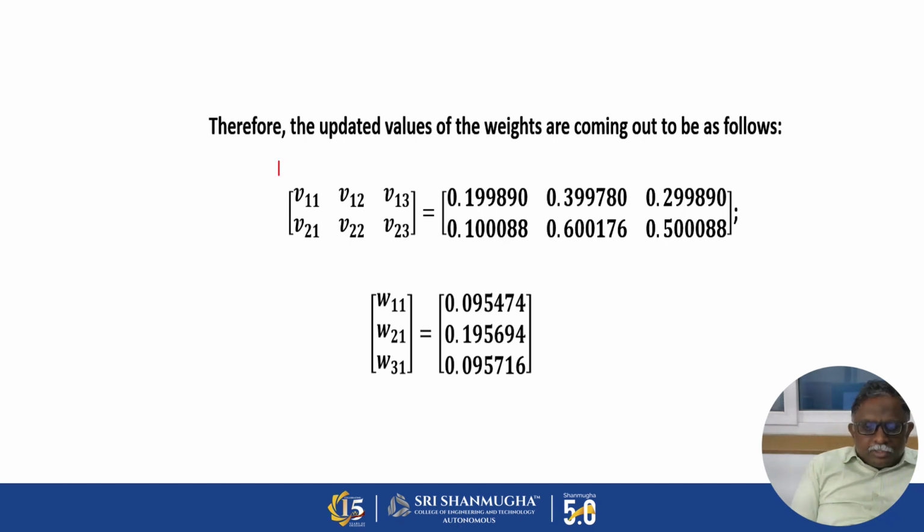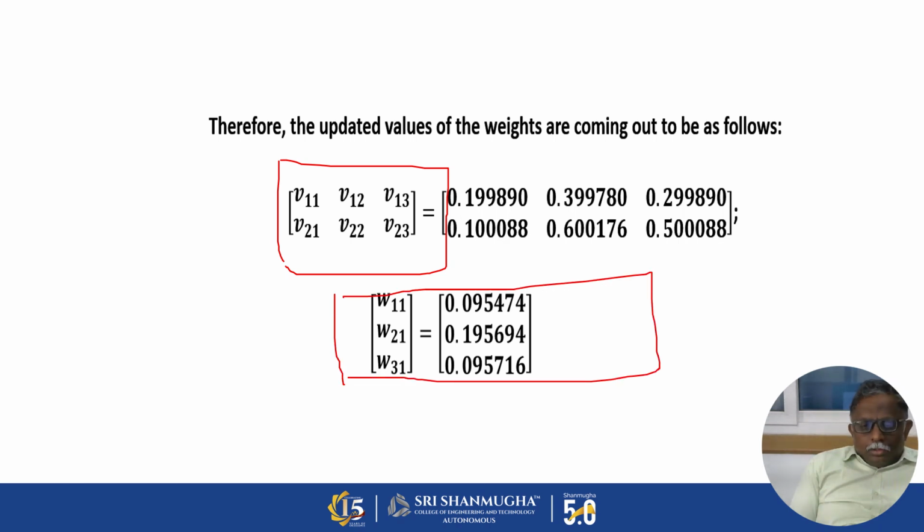These are the updated weights for the case of input to hidden, and these are the updated weights for the case of hidden to output layer. So this is the way we can update the weights in the backpropagation network.